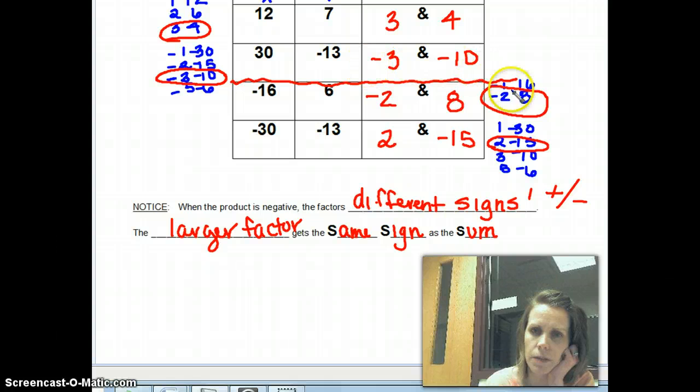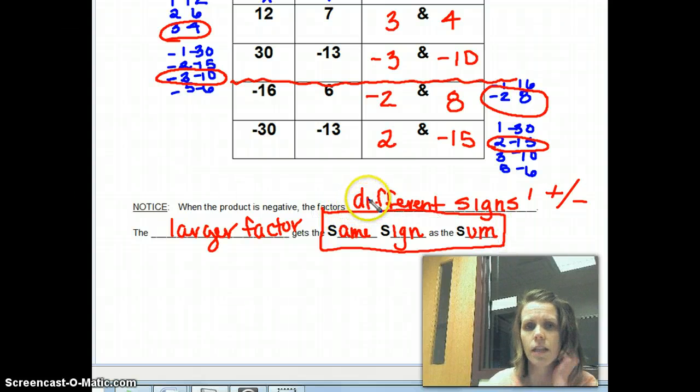Did these have the same sign? Yep, they're both positive. Okay, let's look at this one. The larger factor is going to have the same sign, so negative, as the sum. It did. Okay, so if you're having trouble deciding which number is going to be positive and which one's going to be negative, you can use that little trick. The larger factor is going to have the same sign as the sum.